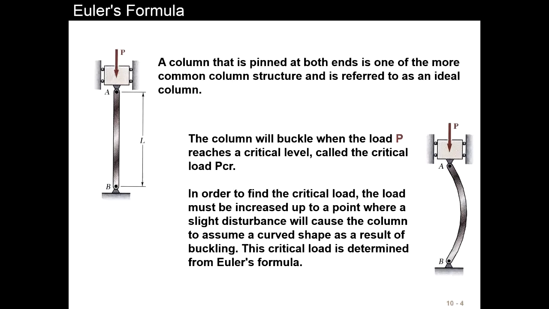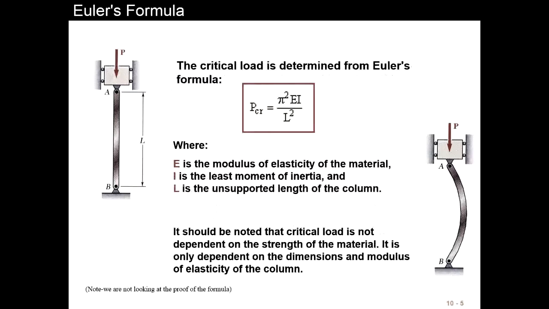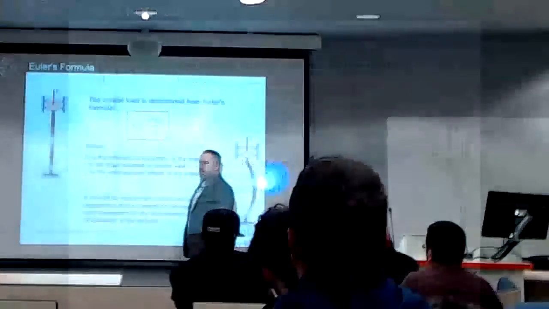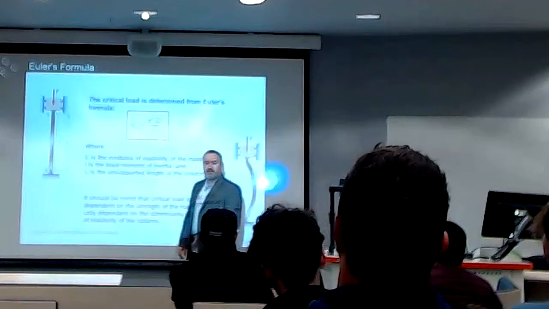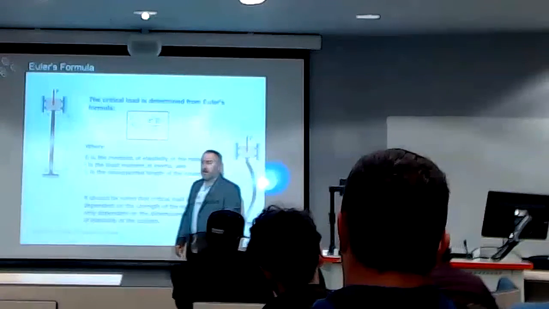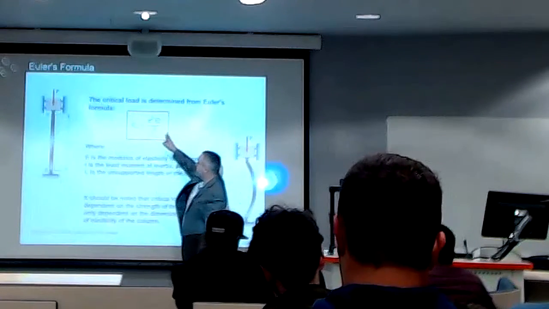And we can use the Euler formula to work out the critical load depending on the type of end fixings. So have you got this formula written down in your notes? Maybe not. If you haven't, then write it down.